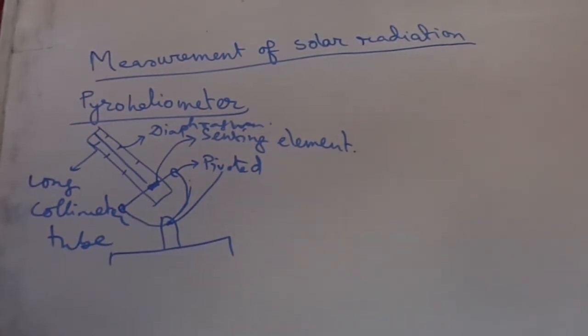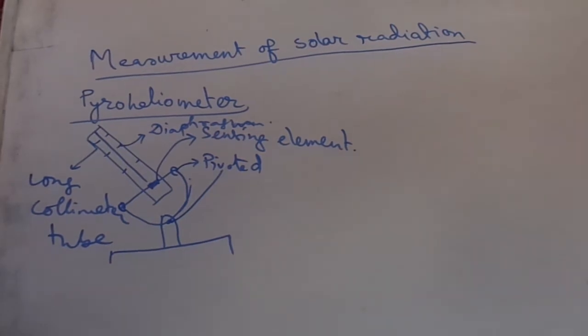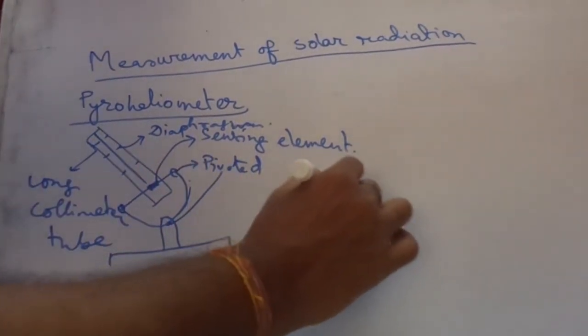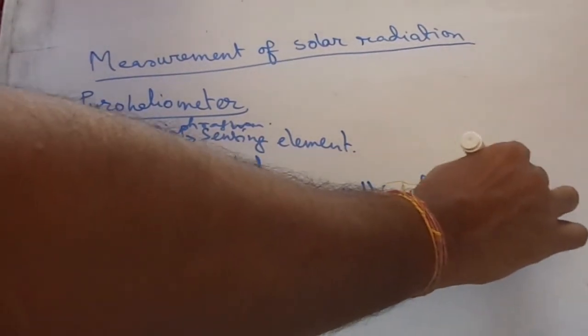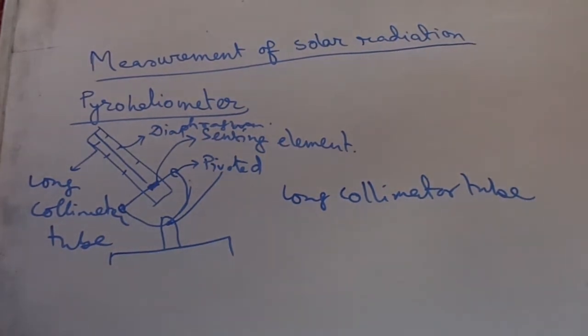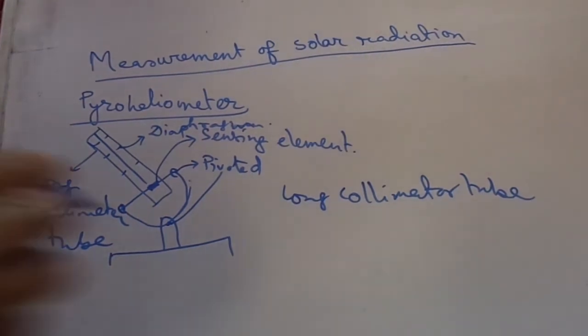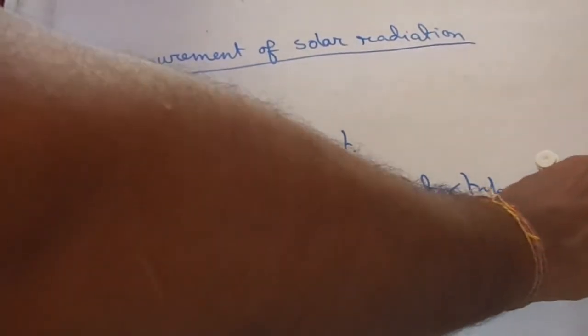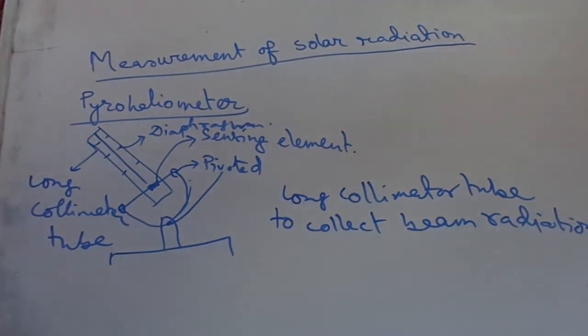So the normal incident pyrheliometer uses a long collimator tube to collect beam radiation, whose field of view is limited to a solid angle of 5.5 degrees by an appropriate diaphragm inside the tube.